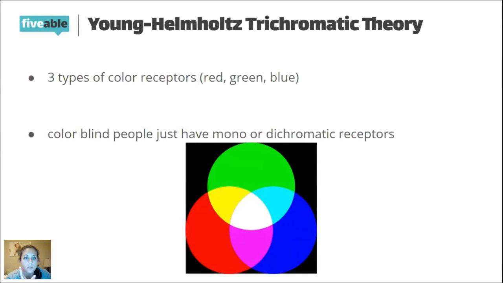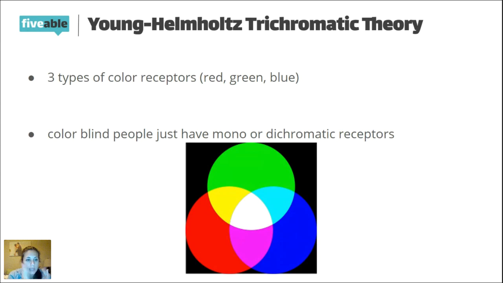We have red receptors, green receptors, and blue receptors. As light hits the cones in my eye, certain receptors are turned on, certain receptors are turned off, and that combination of on and off tells me that I'm seeing orange or pink or purple or gray or whatever color I'm seeing.